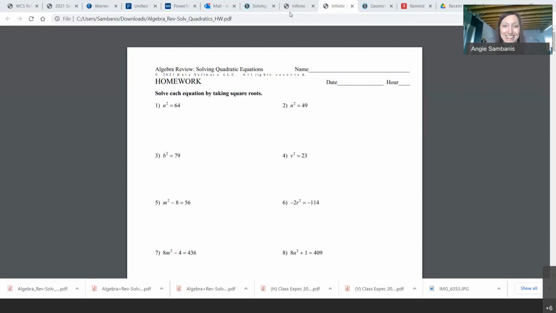Ms. Sambanis, tomorrow, if you need anything, I'll be in the building. Yeah, tomorrow I'm not doing office hours. I'm not sure what they will tell us to do, but if you need anything, just let me know. I could do office hours if kids need help, if you don't mind helping.